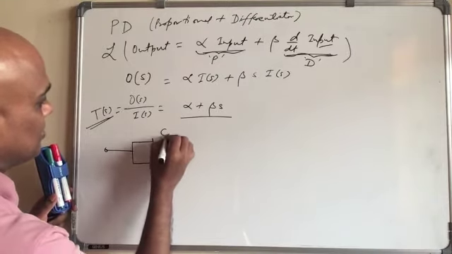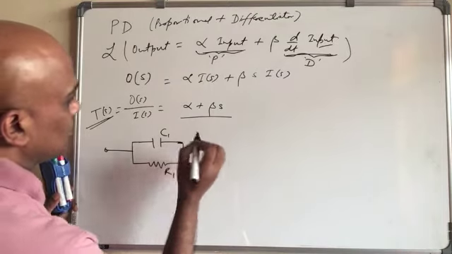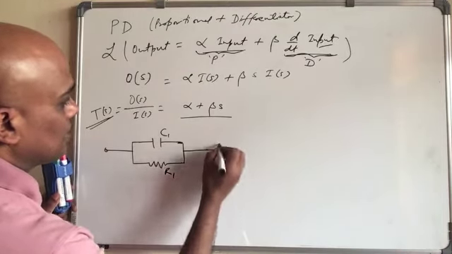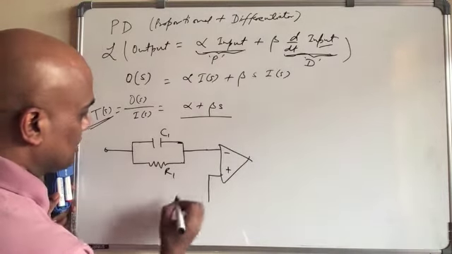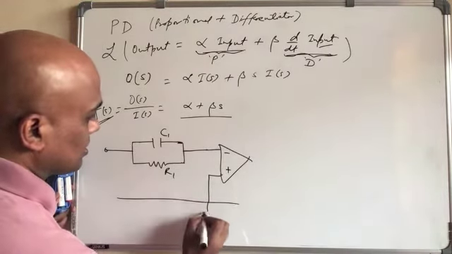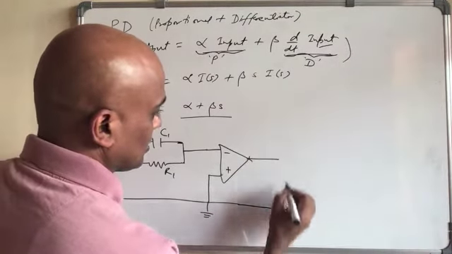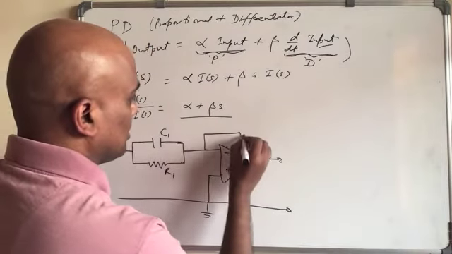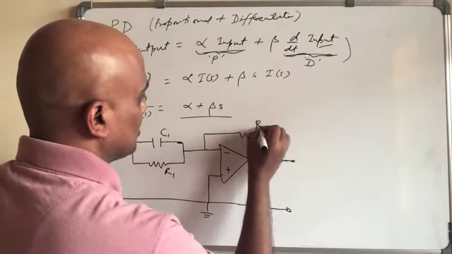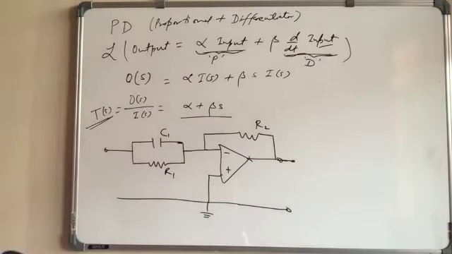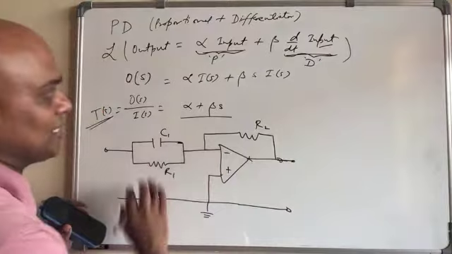Let's call it C1, this is R1 in parallel, and then you have minus plus here, and here let's have R2. Let's see what kind of transfer function this circuit gets.